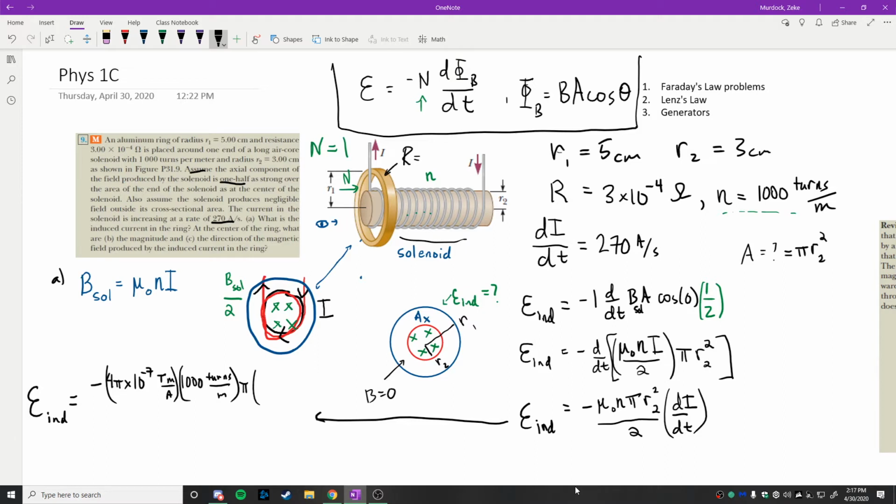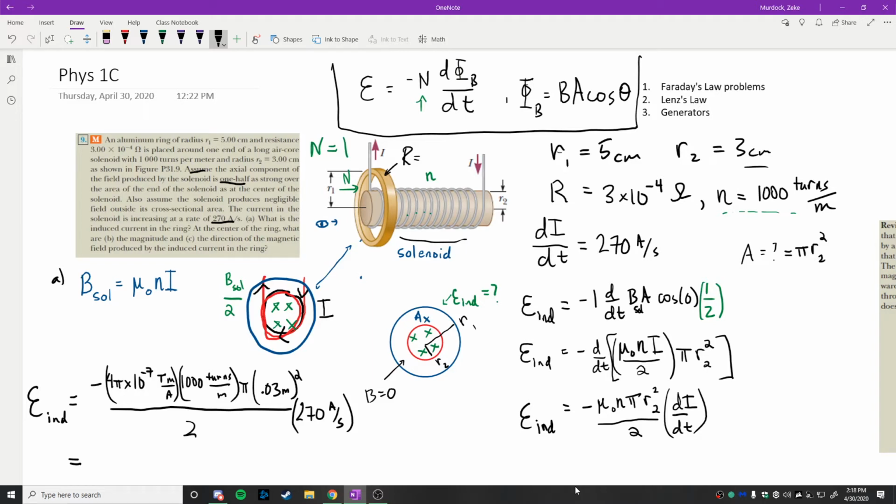R2 is 3 centimeters, all divided by 2. Oh, and we need to multiply by di/dt, which is 270. This is going to give us the induced EMF.